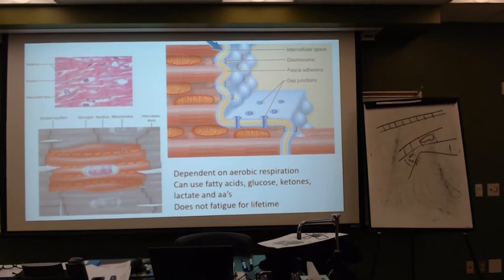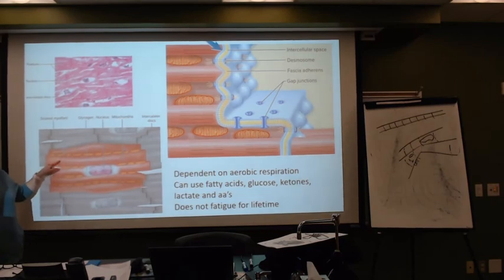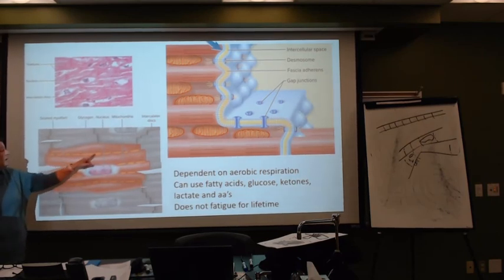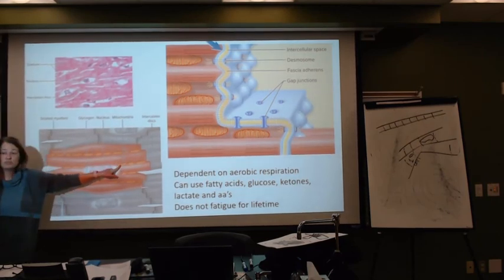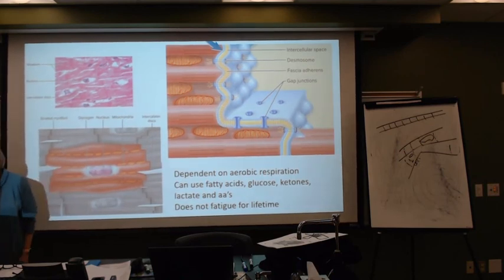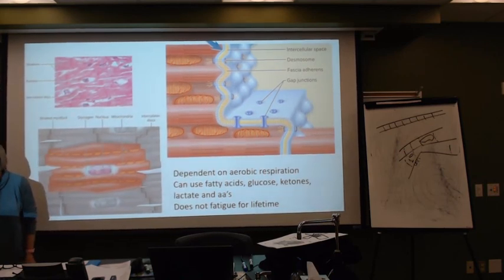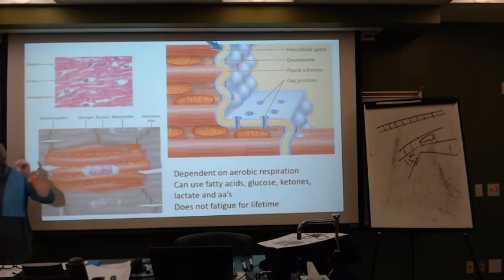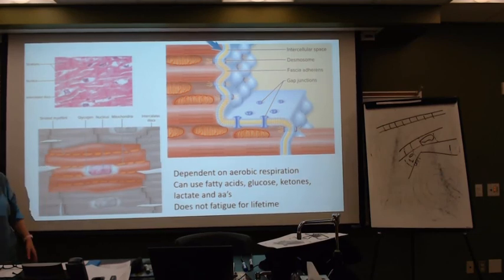So we need the energy that will come from aerobic respiration. One thing you will find in a heart cell: tons of mitochondria, and they're huge. So they're making a lot of ATP.